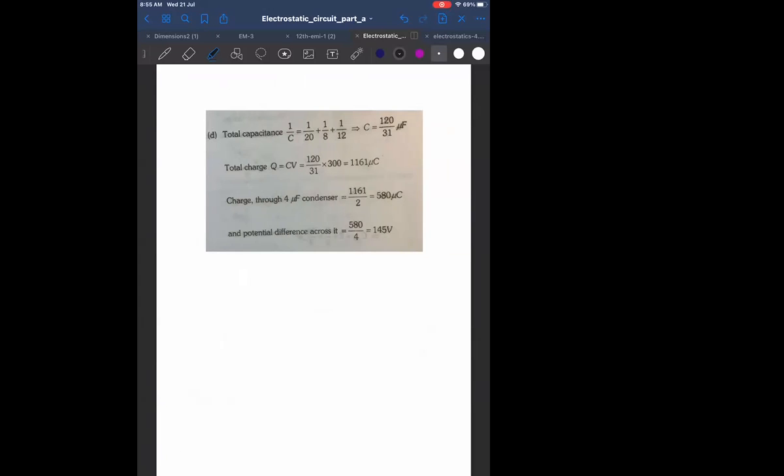First, you found out the total capacitance, then you found out the total charge, then charge through the 4 microfarad, and this again divided by 4 because capacity is 4, you get 145. Therefore, answer will be D. Just check whether you're getting it.